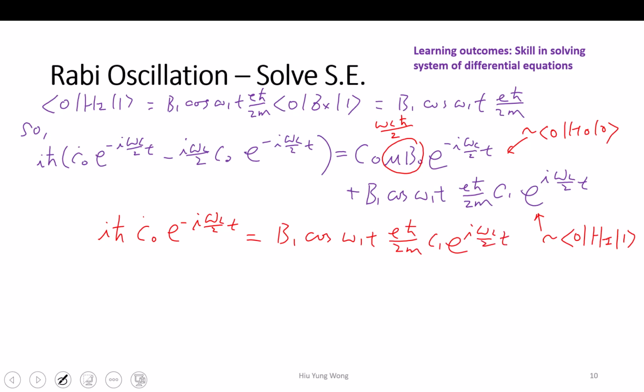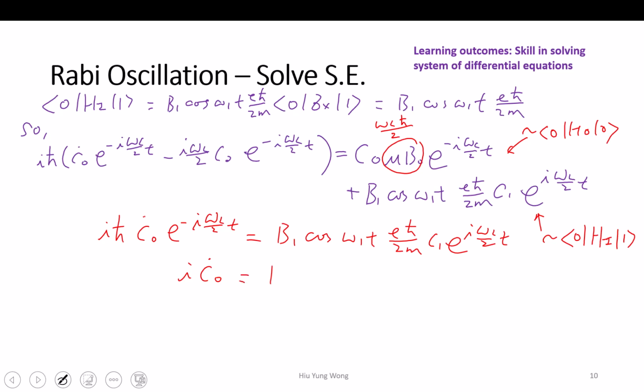Okay, so we will further simplify it. So it becomes i C0 dot, where dot means dC0/dt, right? We have this. ħ is going to get cancelled, right?